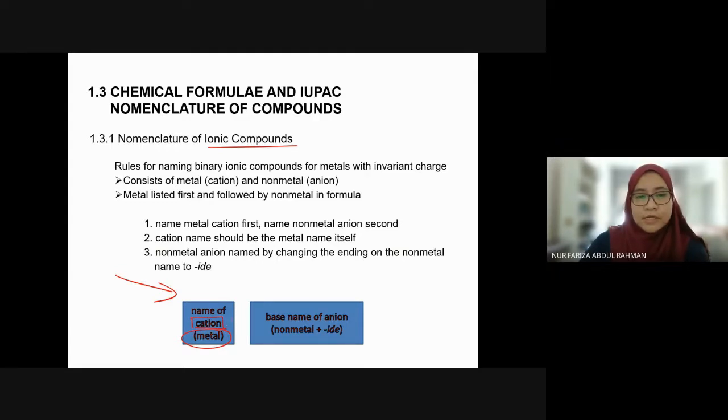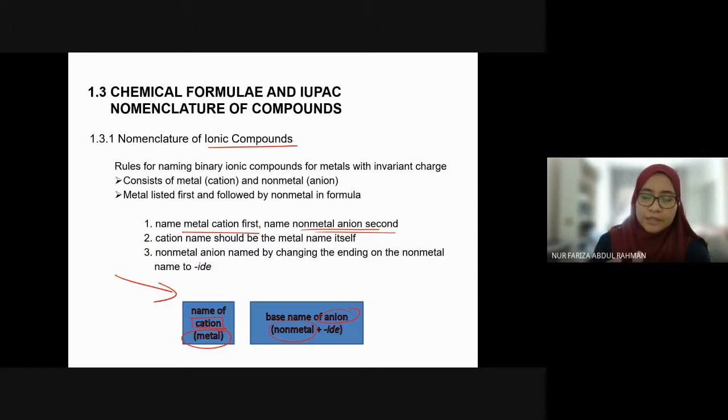Name the metal cation first, then followed by the non-metal anion as the second name. For the anion, you need to change the suffix. Suffix is the ending of the term.